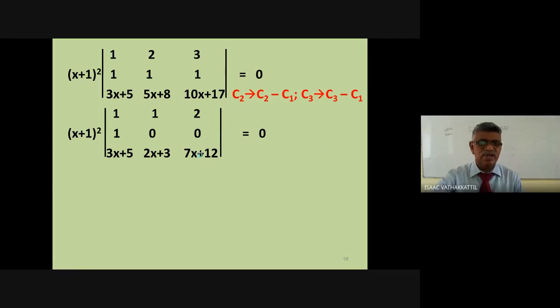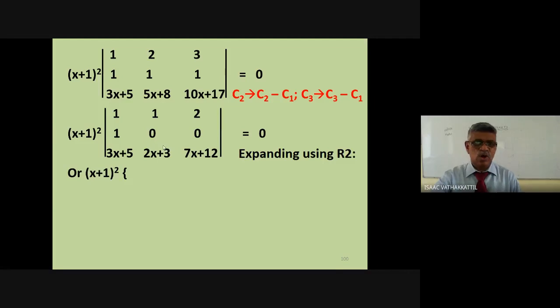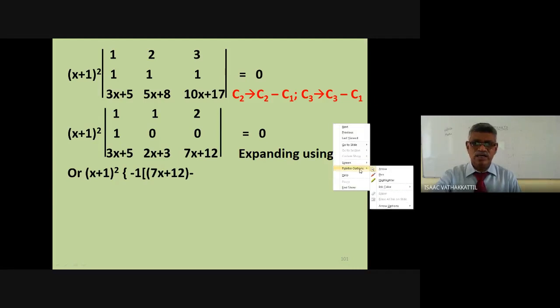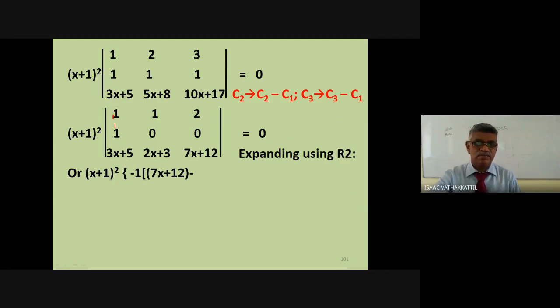What is that term? Expanding using R2, we are getting x plus 1 squared, plus minus plus, it is minus 1 into. Why is it minus 1? Because of that plus minus concept. Plus, minus.